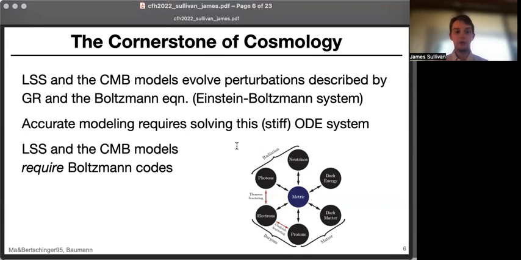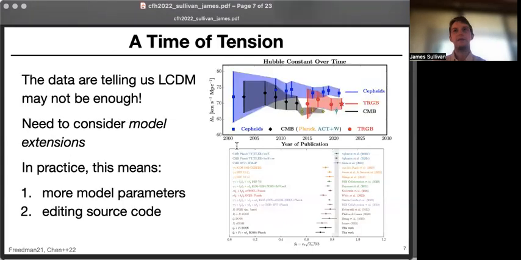And if you work with large-scale structure or the cosmic microwave background, I'm sure you are very familiar with Boltzmann codes, since essentially any calculation you do in those arenas requires the use of a Boltzmann code. So to kind of zoom out and motivate from the big picture why we might want a new Boltzmann code, we'll talk a little bit about the state of cosmology today.